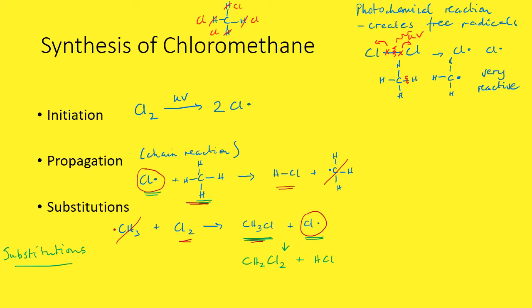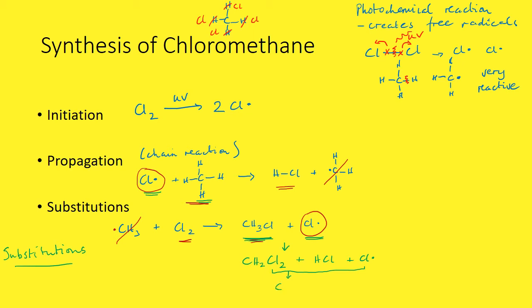So that could happen, and then you could do that again, because we've still got two hydrogens there that could possibly be substituted, because in this process you're going to recreate your chlorine free radical, and so that molecule there could react with our chlorine free radical and make another product.